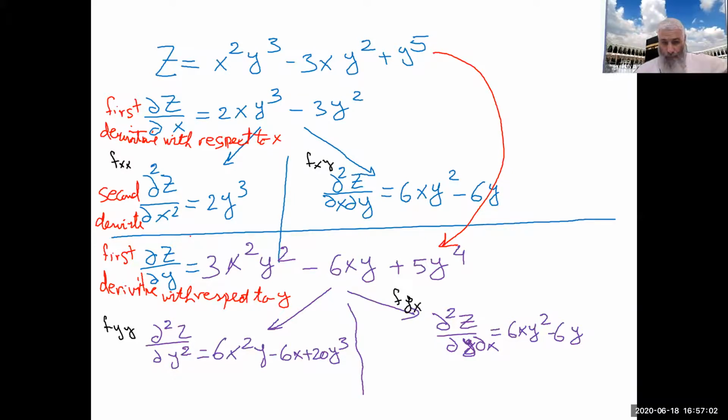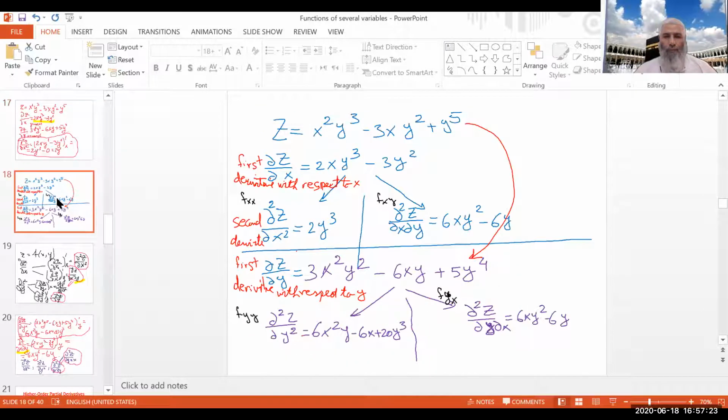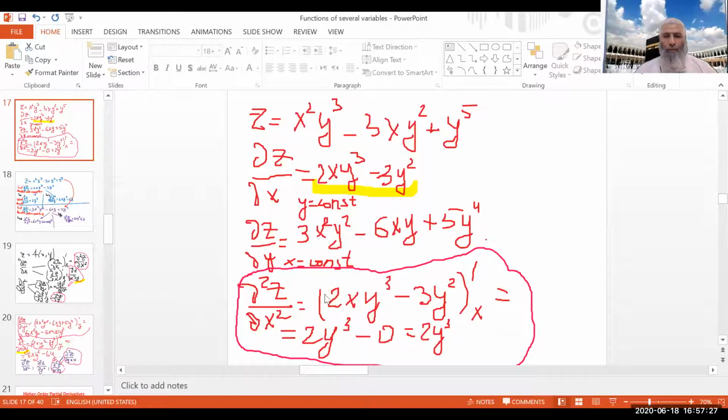Okay? Yes. Okay. d2z dx squared is 6xy cubed minus 0. Like we did here. Okay. This is what he did here.